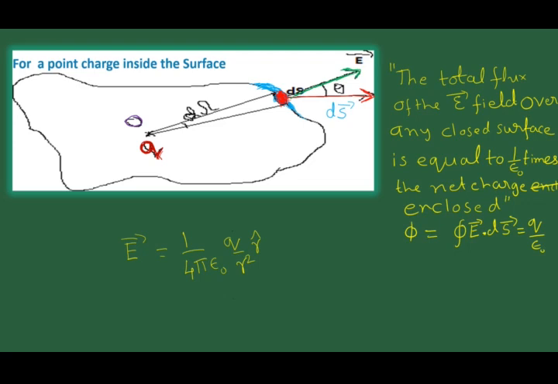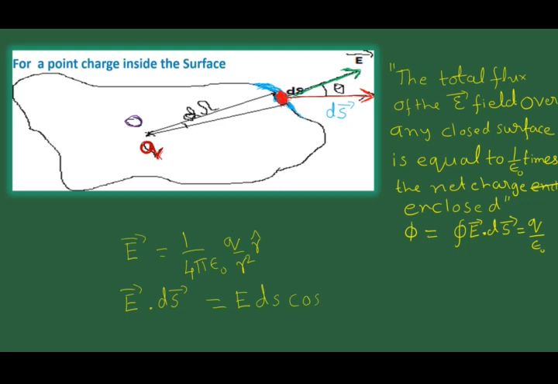The flux through this area ds, a small amount of flux through ds, is given by E dot ds, and that is equal to the magnitude of electric field, E ds cos theta.